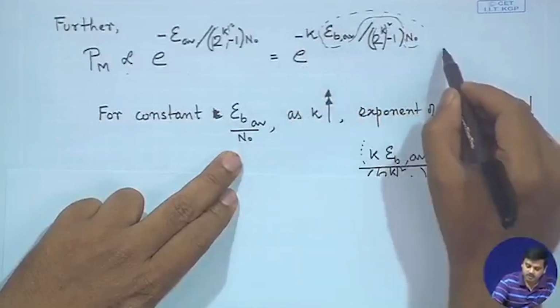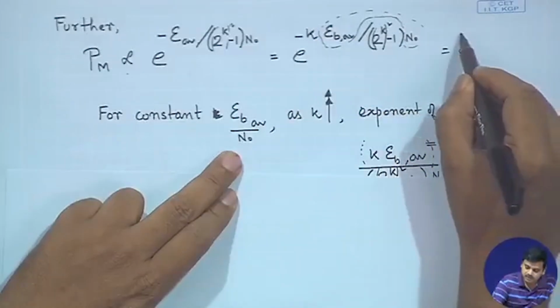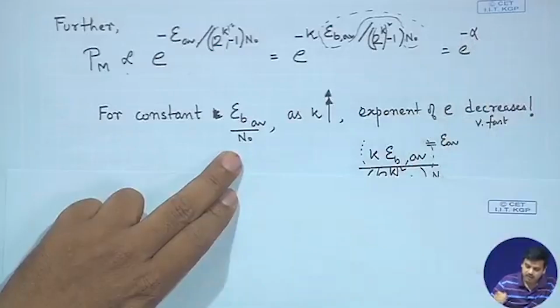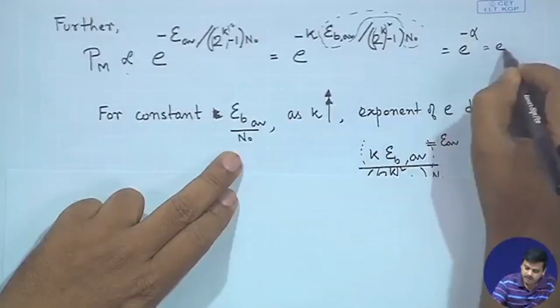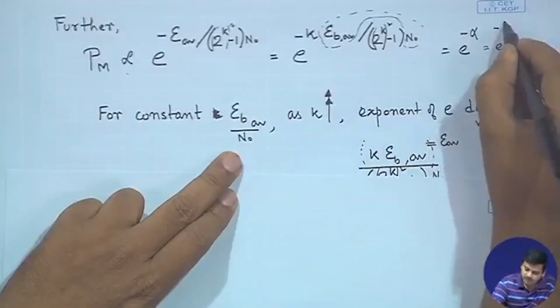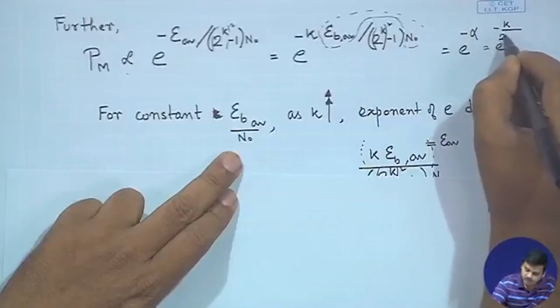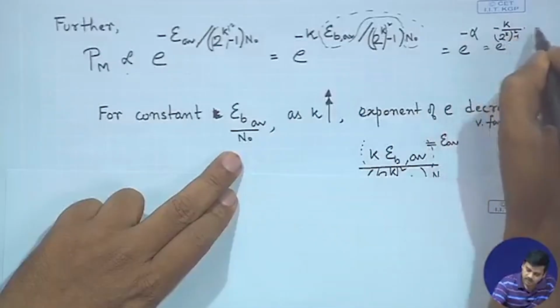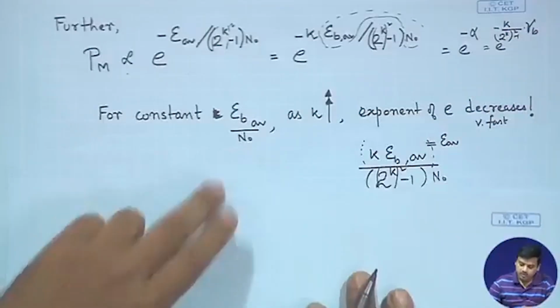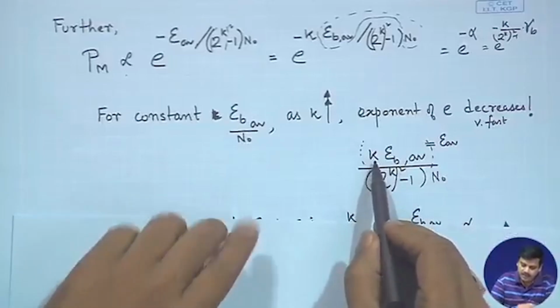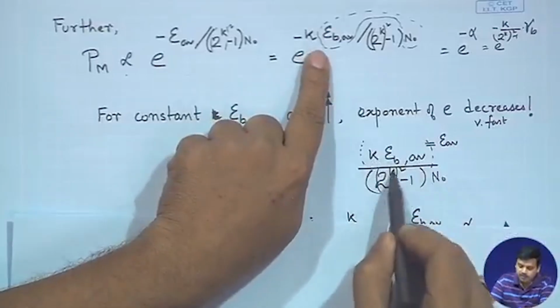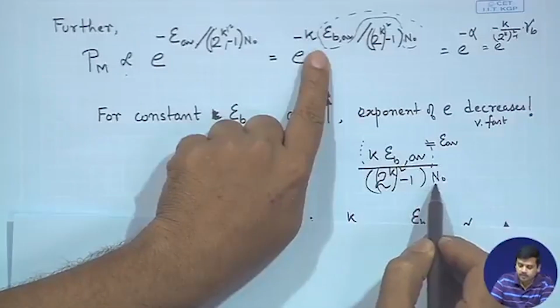So, you could write this as e to the power of minus alpha, that is e to the power of minus k upon 2 to the power of k squared minus 1 multiplied by gamma b. So, the exponent is k E_b,av upon (2 to the power of k squared minus 1) upon N_0.